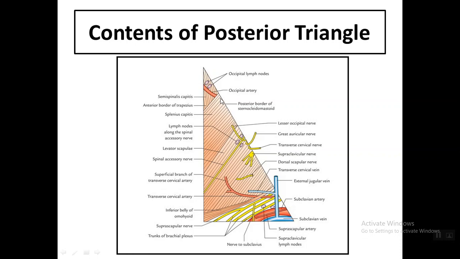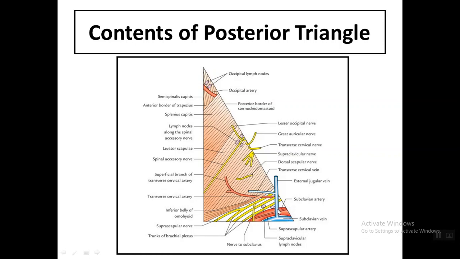Also, from other contents here we can see the occipital lymph node, the occipital artery, cervical branches of the cervical plexus, the spinal accessory nerve, your 11th cranial nerve, and the lymph node. Also the nerves of the brachial plexus that originate from the roots and the trunks, for example the dorsal scapular nerve, nerve to subclavius, and suprascapular nerve. These are of course the trunks of the brachial plexus.